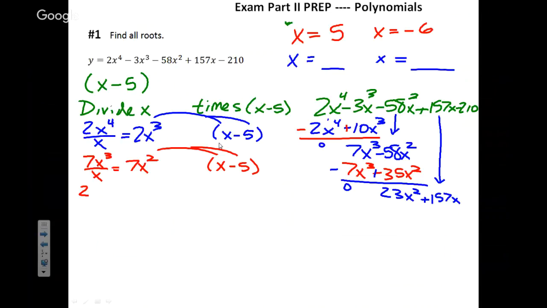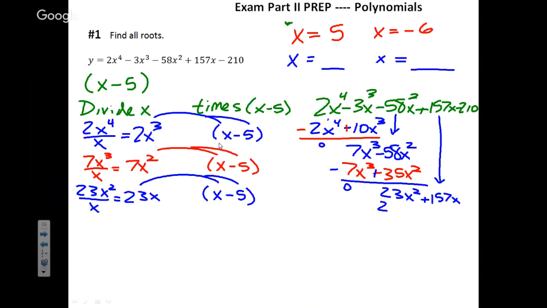23x squared over x equals 23x. Times x minus 5. So as soon as I get that 23x, I distribute it in.